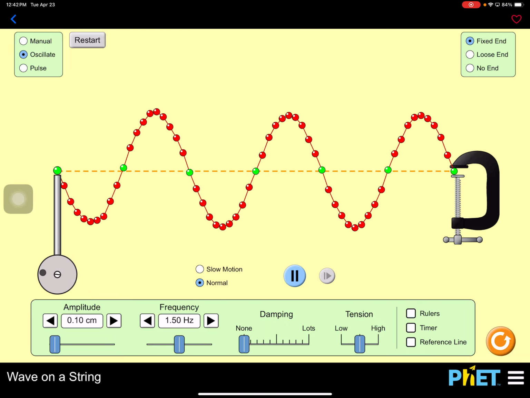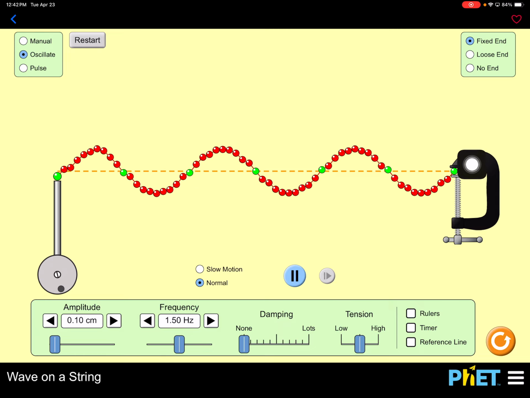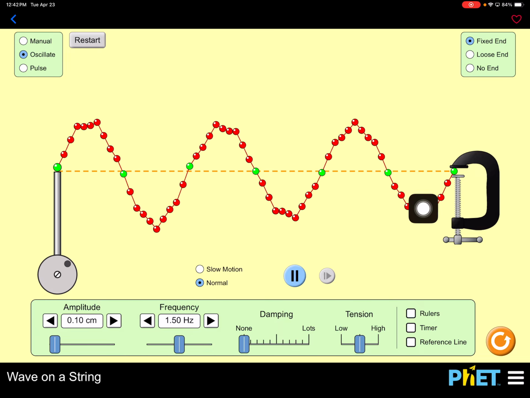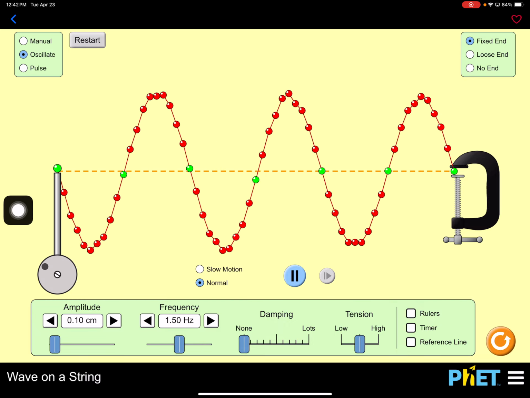See, here's a standing wave because it's not traveling. Okay? And what happened was a wave traveled to the right.